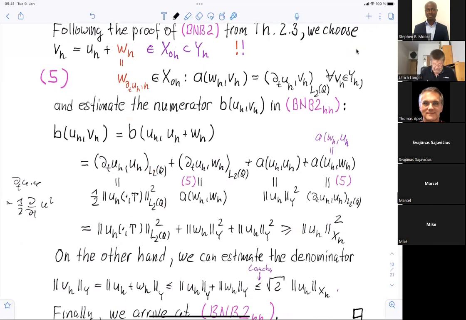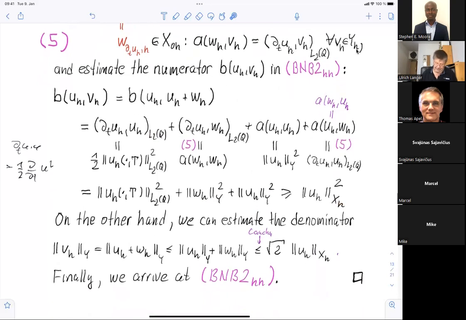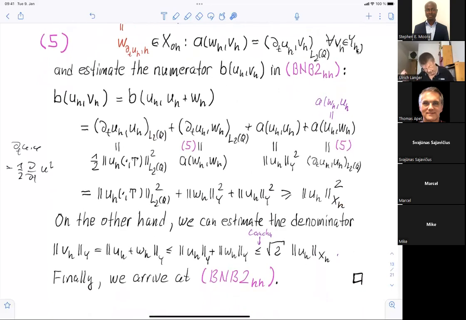So this is non-negative, so you can estimate this from below by this, and this is the discrete norm. And on the other hand, you can estimate the denominator now from above using the triangle inequality. And here use again the Cauchy inequality, with square root of 2.